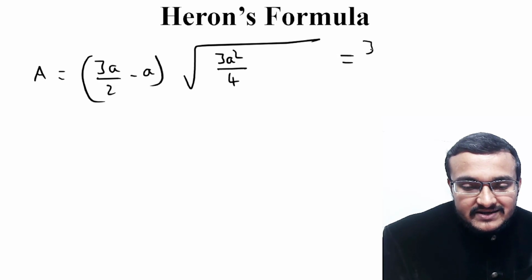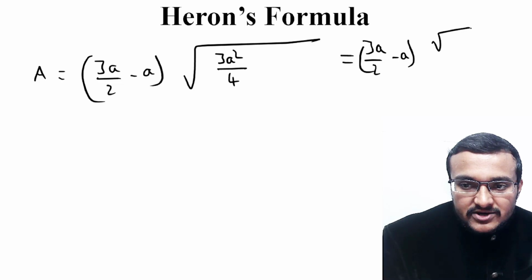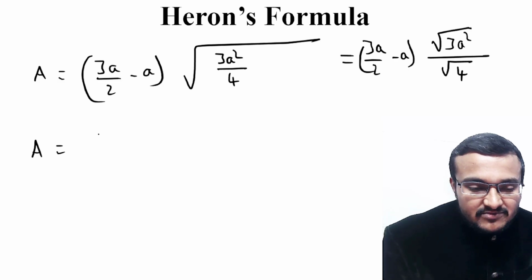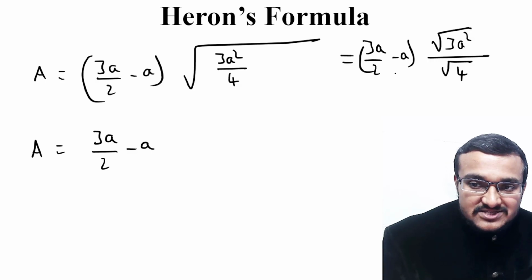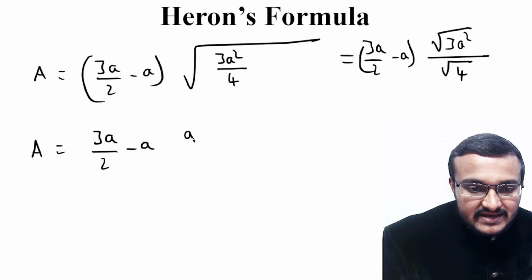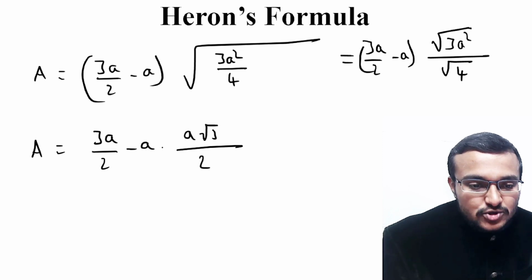So you can write this as 3a by 2 minus a square root of 3a square divided by square root of 4. So area will be equal to 3a by 2 minus a.